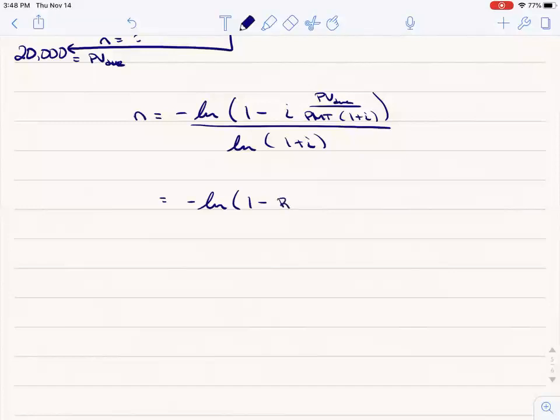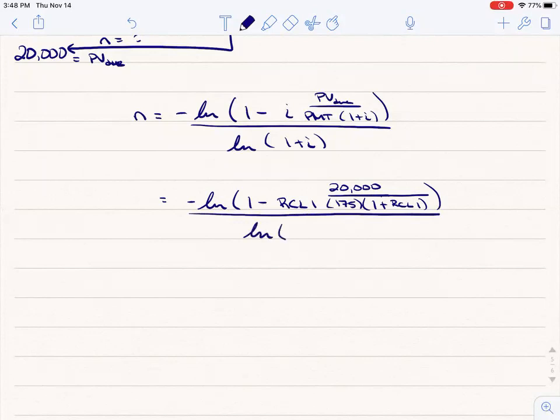So recall 1 times the present value due, which is the 20,000, divided by the PMT, your payment amount, 175, and then times 1 plus recall 1, which is your I. And then that's all divided by the natural log of 1 plus recall 1.